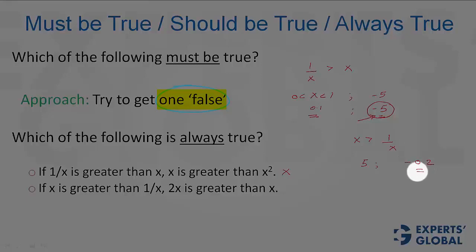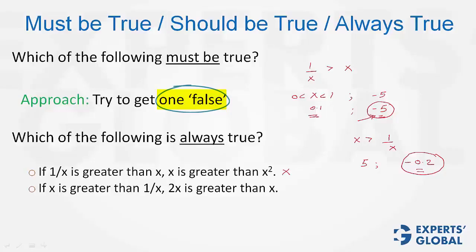But in the other case of negative 0.2, 2x would not be greater than x. So once again, we got one case where we could say that yes, x is greater than 1 divided by x, but 2x is not greater than x. Therefore, this statement is false. We got only one case where we could say that the statement is false, and we can eliminate this one.